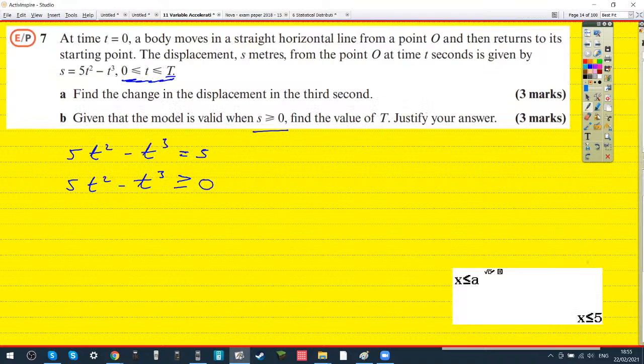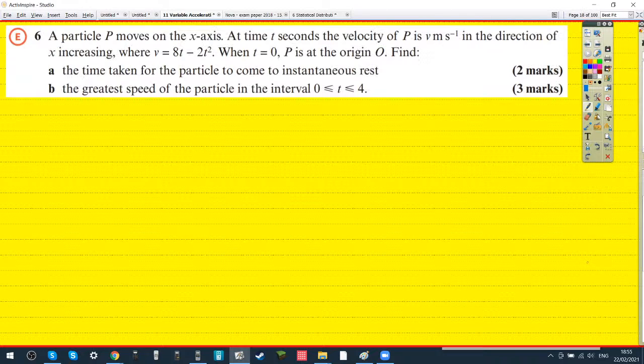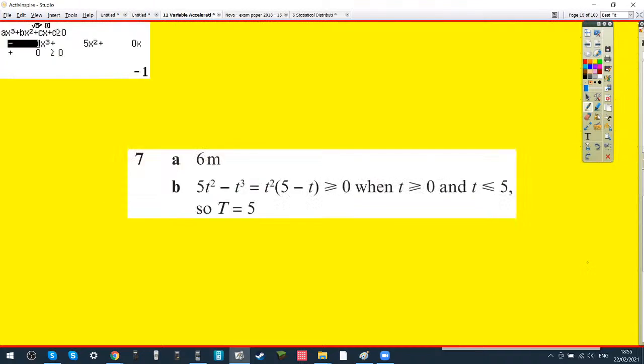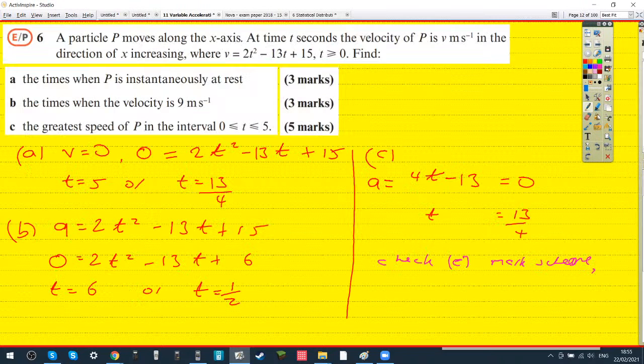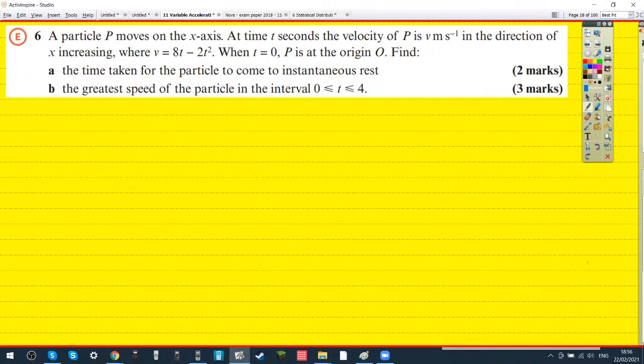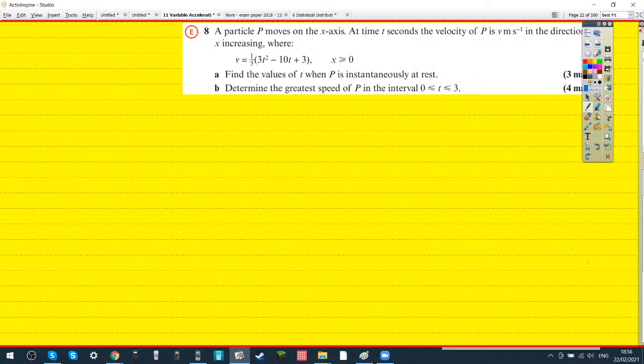Do you know what you could do actually? Nah, let's not. How would you do? Hang on, let me just see what we did there. By the way, do we get the formulas for v is ds/dt and a is dv/dt?